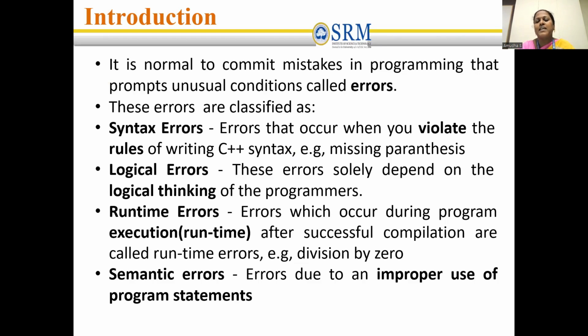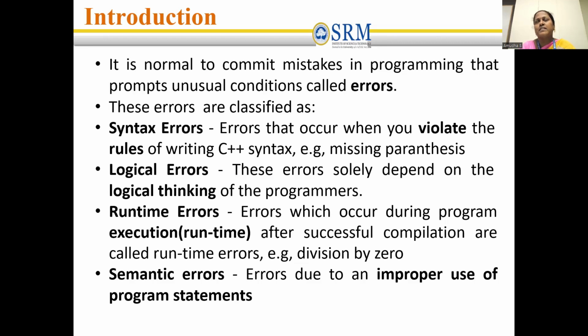Runtime error: this error occurs during the runtime, after compiling. For example, we want to divide two integer numbers, so we need to get two variables, numerator and denominator. If the denominator is 0, we cannot apply the division operation.